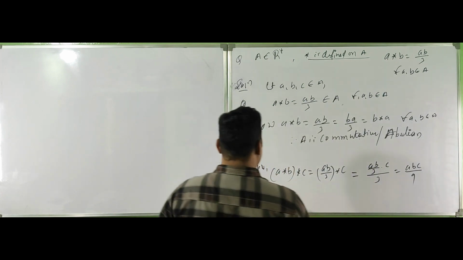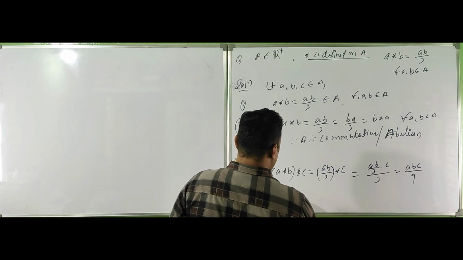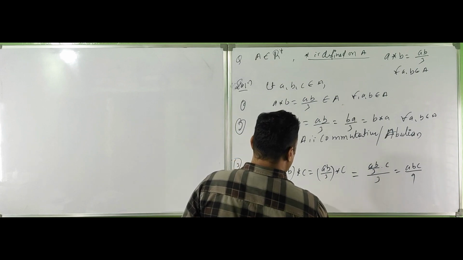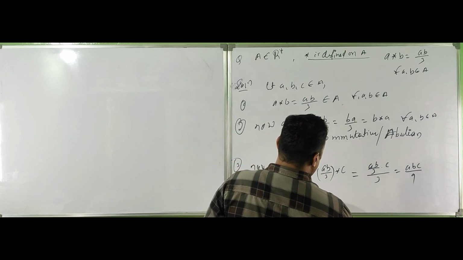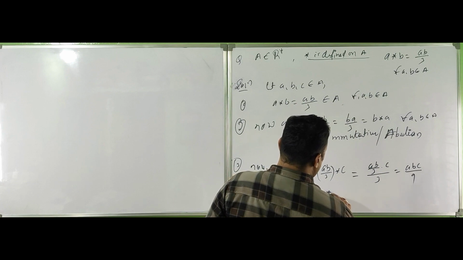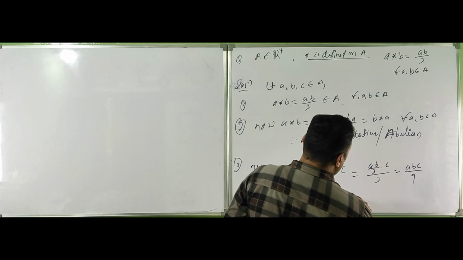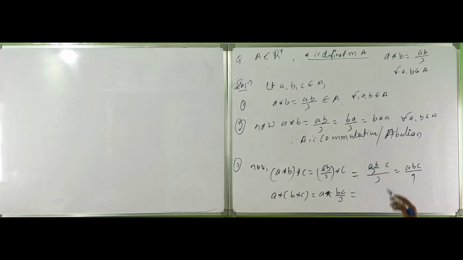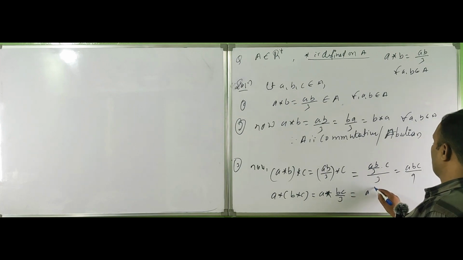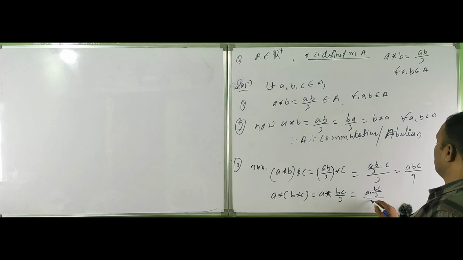Next, A star bracket of B star C is equal to A star BC by 3. So I am writing A into BC by 3 divided by 3.